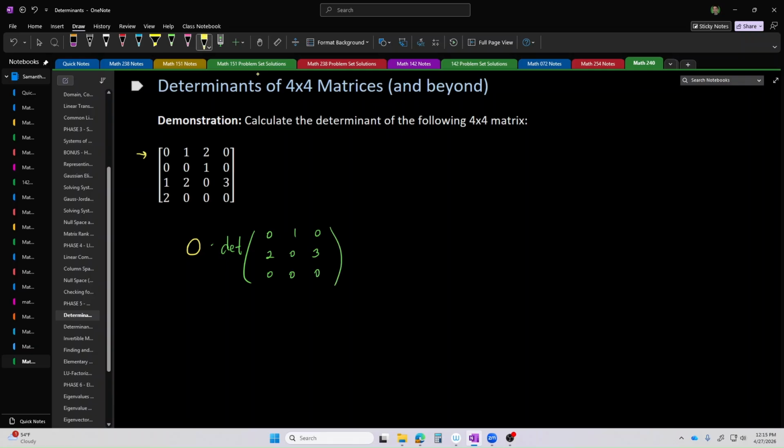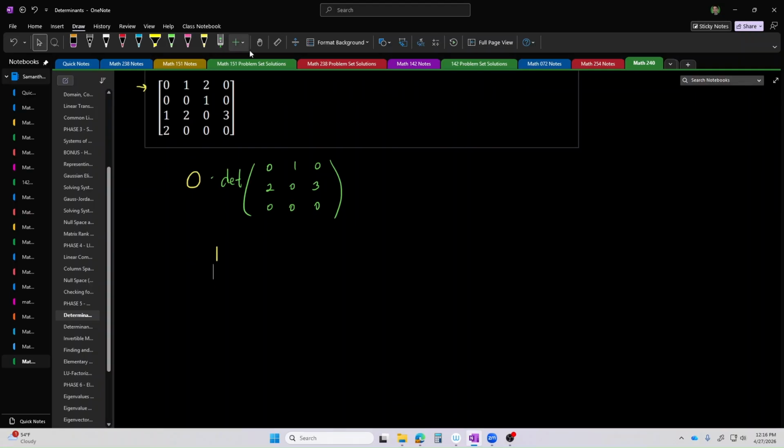Then I'm going to move to the next entry in the top row, this value 1, and I'm going to extract it. And then I'm going to block out the row and the column containing that 1, and look at the 3 by 3 matrix that is composed of all the entries that are left behind. So it looks like I get the matrix 0, 1, 2 in the first column, 1, 0, 0 in the second column, and 0, 3, 0 in the third column.